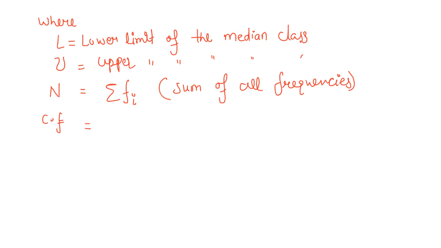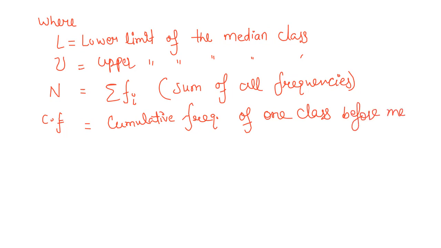What is C dot F? We know that it is a cumulative frequency, but cumulative frequency of one class before median class. What it means? It means that suppose your intervals are 0 to 10, 10 to 20, 20 to 30.